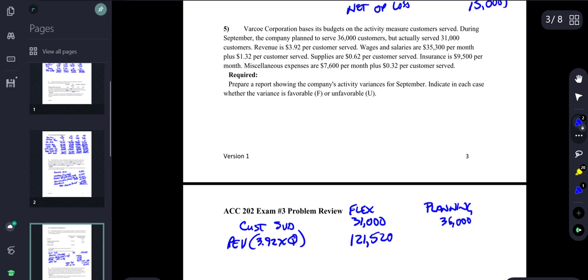For the planning budget, we have 141,120. So the difference between these is 19,600. And you have to know whether it's favorable or unfavorable. Since the flexible budget is less than the planning, this is an unfavorable variance.